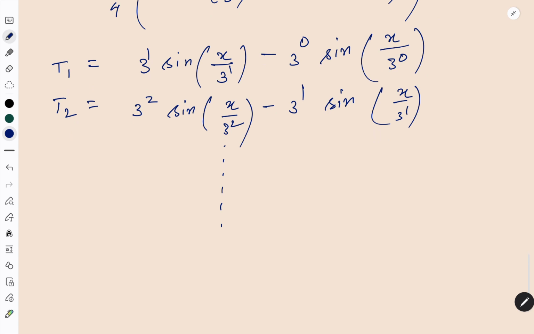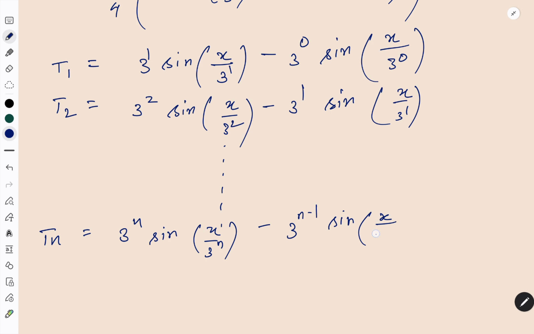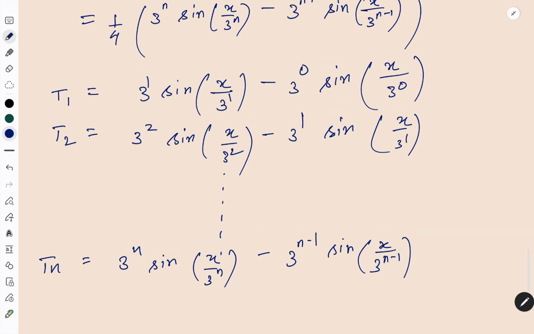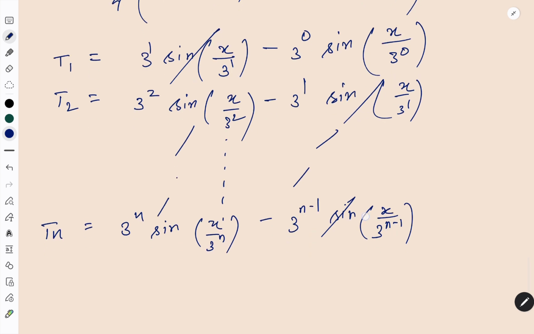Alright, t_n, which will actually be 3 to the power n sine of x over 3 to the power n minus 3 to the power n minus 1 sine of x over 3 to the power n minus 1. I observe the pattern here. It gets cut down like this, like this, like this, and finally like this.